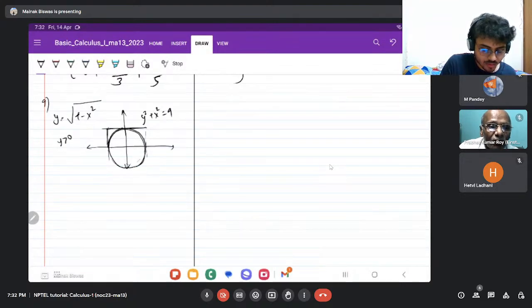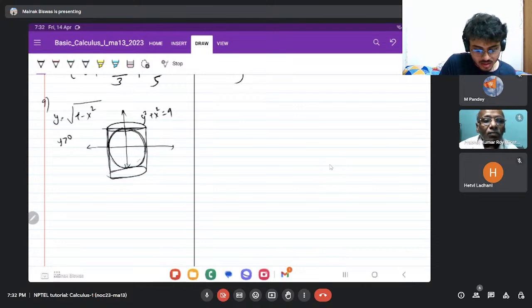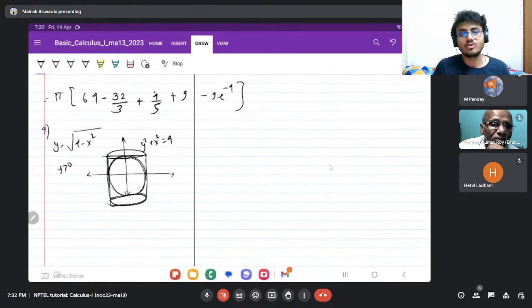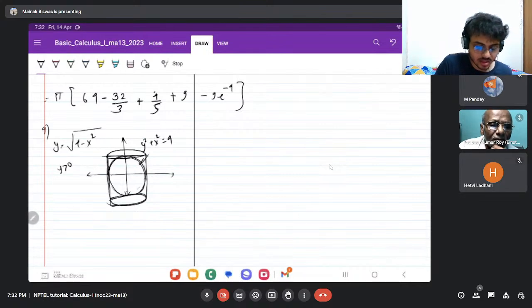Agreed? So this you are rotating, so you will have something like, again similar to a question that we have already done, but the integral is going to give you an idea of something. Anyways, it's a simpler question actually. If you rotate the top one, you will get a sphere, and you will get a cylinder if you rotate a straight line. Are you able to visualize what I'm saying?